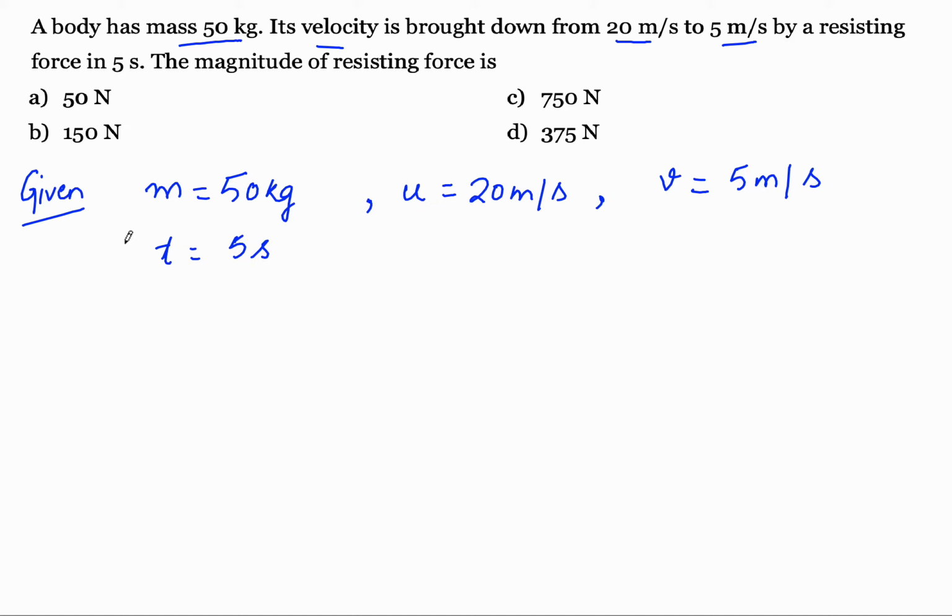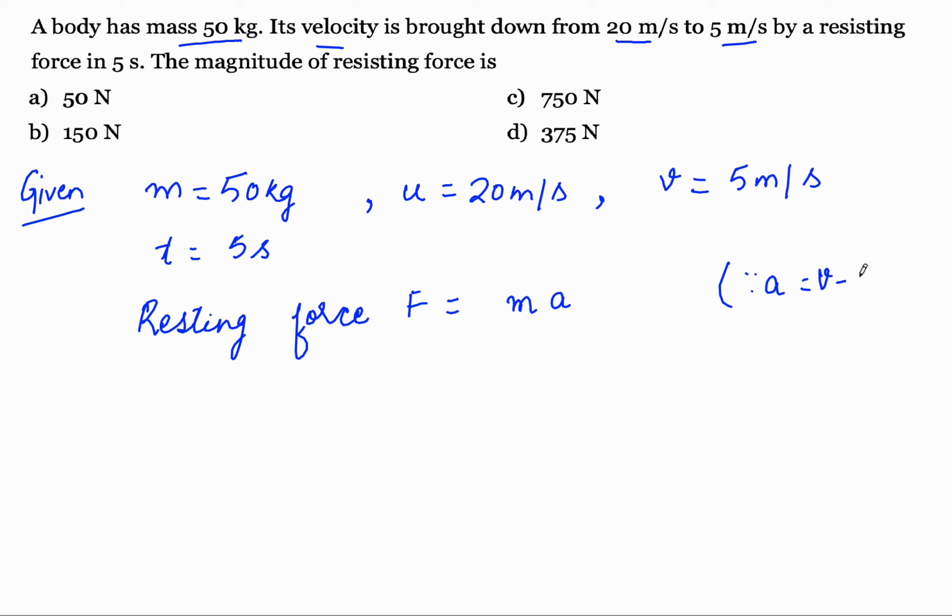Now we have to find out the resisting force. From the second law of Newton, you can write force as mass into acceleration, and we know by the definition of acceleration itself that it is change in velocity with respect to time.